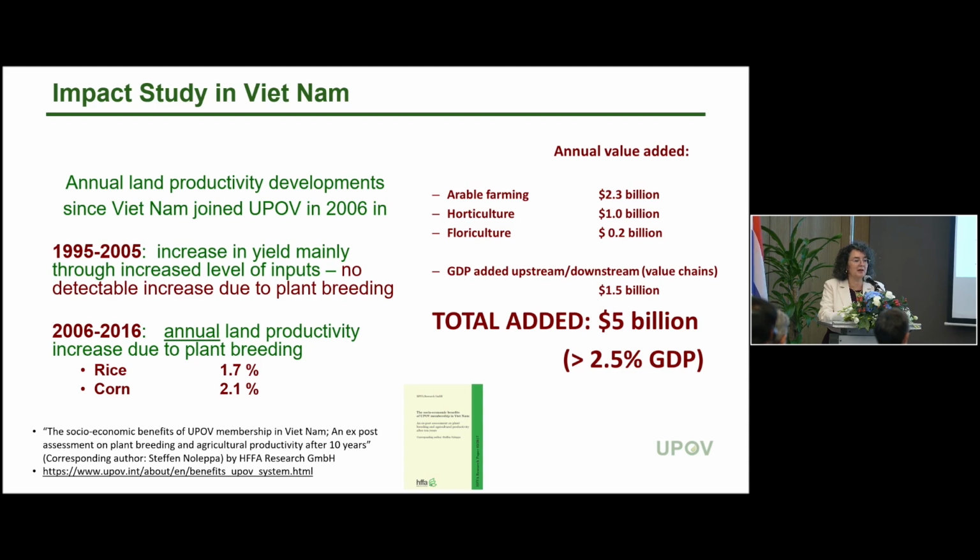Here we have an example of rice and corn, but very important, how the different policies in Vietnam, together with plant variety protection and UPOV membership, have been a key driver of economic growth in the country and those key stakeholders in the value chain, relating to 5 billion upstream and downstream, relating to 2.5 of increase in GDP, as we explained at the beginning during my opening remarks. You need plant variety protection, but as part of the overall policy of the country to develop the agricultural sector.